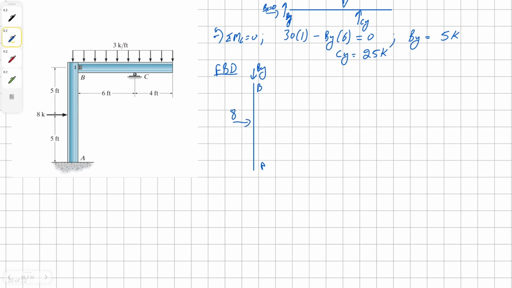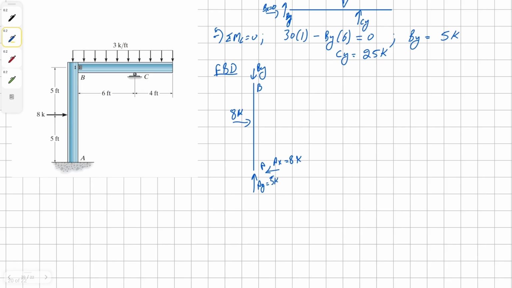And then 8 kg acting horizontally, and then Ax, which is going to be just 8, opposite of 8 kg, because there is no other way for this beam to resist the external action force of 8 kg. And then our Ay is simply going to be the opposite of whatever our By is, and it's 5 kg in this case.